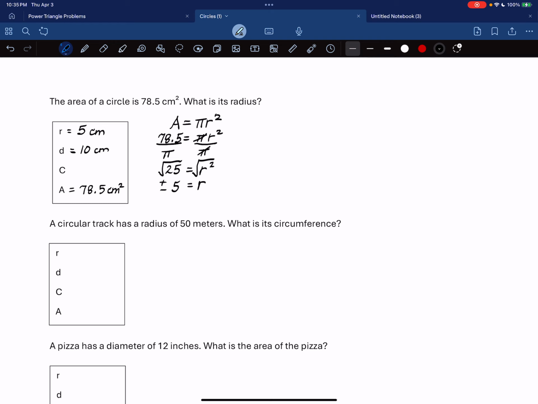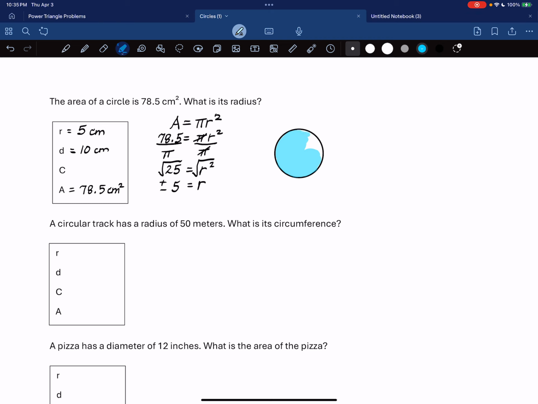And just as a reminder of what we're looking for here, what they told me is that the area of this circle, the whole circle, the inside of that circle, so let me color it for you. This is area. Area is square units. You're looking for the number of square units it would take to cover this surface.